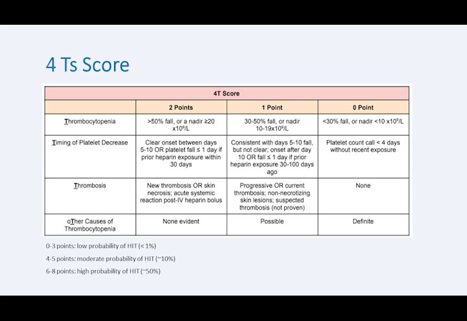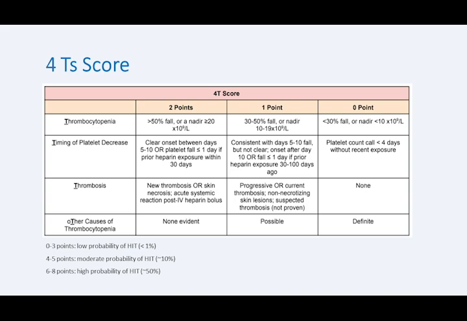As I mentioned before, it's a whole process to figure out whether a patient is having low platelets due to exposure to heparin versus something else that's going on. And so the 4T score was developed to help figure out the probability of actual HIT.